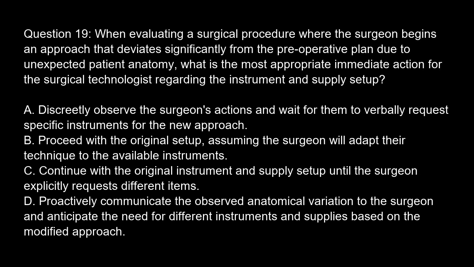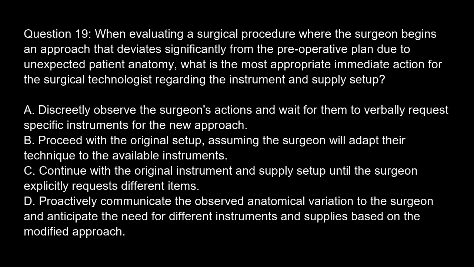Question 19. During a surgical procedure, the surgeon begins an approach that deviates significantly from the preoperative plan due to unexpected patient anatomy. What is the most appropriate immediate action for the surgical technologist regarding the instrument and supply setup? Option A. Discreetly observe the surgeon's actions and wait for them to verbally request specific instruments for the new approach.